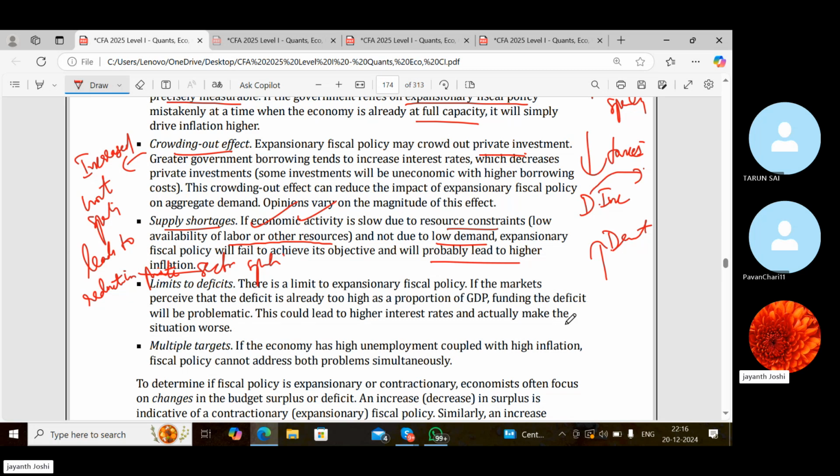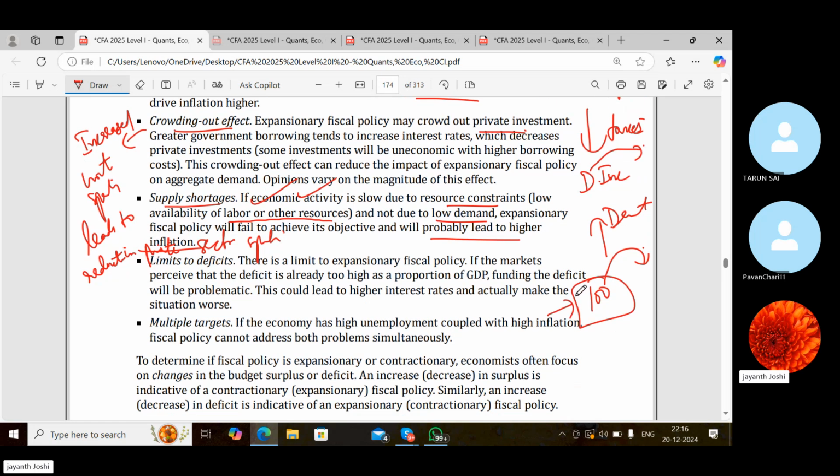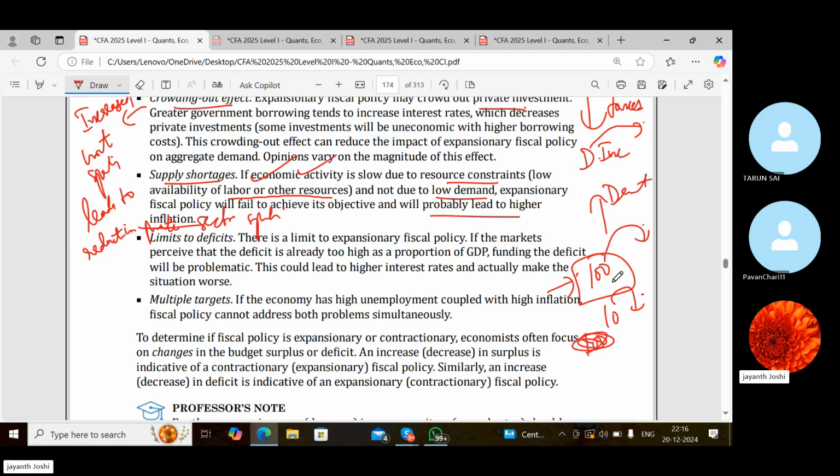For example, if a factory can make 100 boxes and supplies 100 boxes, people will buy 100 boxes. But if a factory with a capacity of 100 boxes can supply only 10 boxes into the market, people are queuing to buy 100 boxes but getting only 10, which makes the 10 boxes very costly.